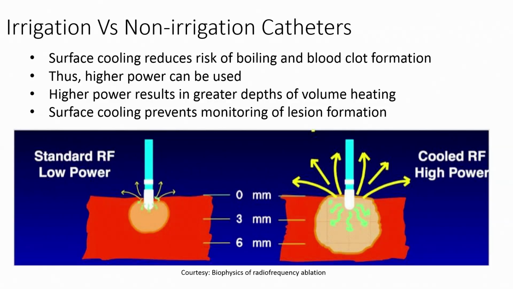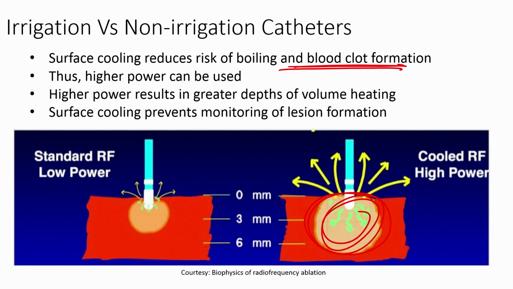Now, irrigation versus non-irrigation catheters. Surface cooling reduces the risk of boiling and blood clot formation, because when you burn the tissue, there can be formation of boils and there can be blood clotting. So, if surface cooling is there, we can apply higher power, and higher power is proportionate to a better lesion.